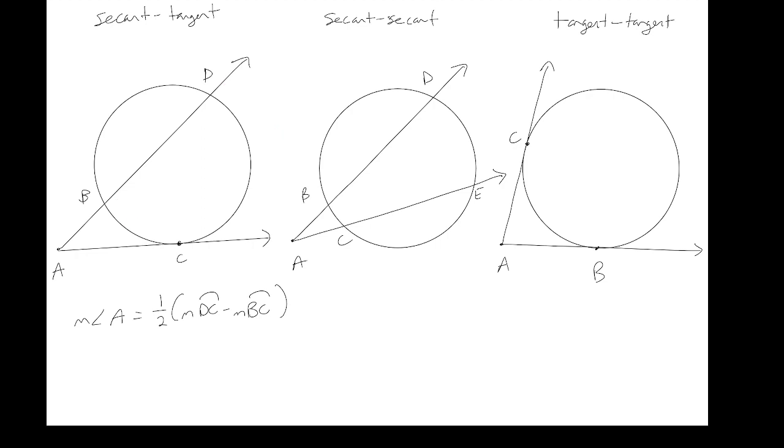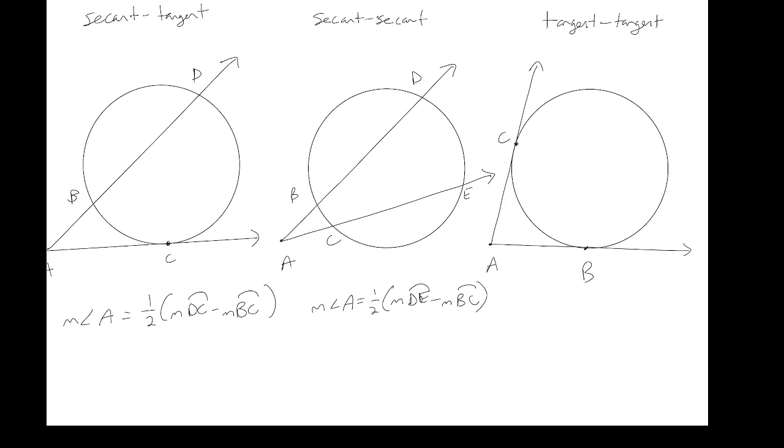Same deal. Measure of angle A for secant-secant: it's going to be 1/2 of the measure of DE minus BC, the outer minus the inner. And then for tangent-tangent, same deal. The measure of angle A is equal to, and real quick, I need another point here.